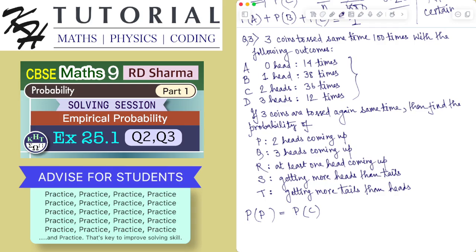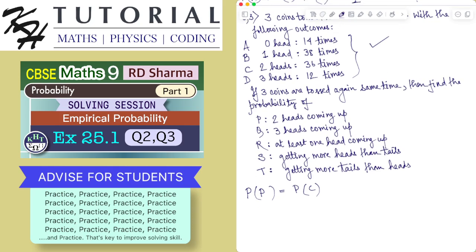This data is for 100 trials of an experiment. And what is that experiment? The experiment is 3 coins are tossed at the same time. So we can clearly see probability of P will be equal to probability of C.